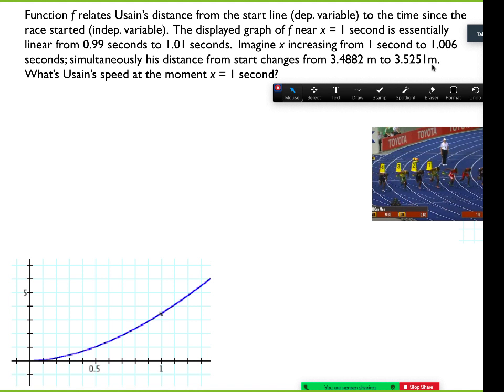Okay, so first we're going to say, what is Usain's speed at the moment x equals 1? How would you calculate his speed at the moment x equals 1 second? Elizabeth, do you know how you would do that? I'm not 100% sure, but our x is increasing in seconds, so that's our change in x. Okay, right, good.